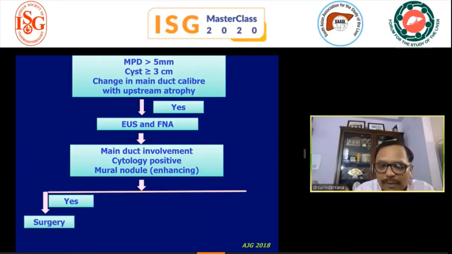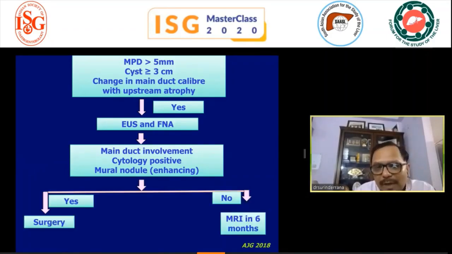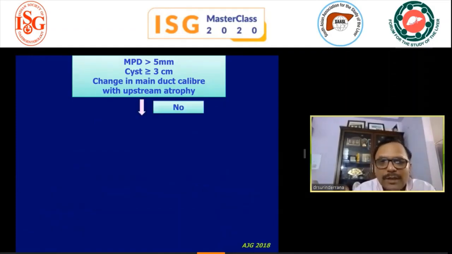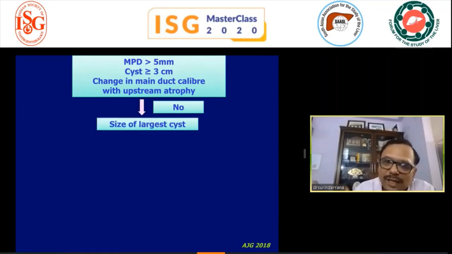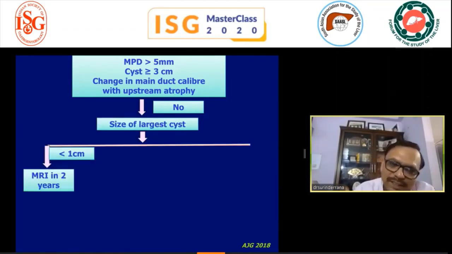And if this is not present, then you repeat an MRI after 6 months to see the change in the size of the cyst. If the cyst is not increasing in size and the patient remains asymptomatic, you can put the patient on surveillance. If, on the other hand, these features are not present, you look at the size of the largest cyst. If it is less than 1 centimeter, you can just relax for 2 years, repeat an MR after 2 years to see for any increase, the criteria which I have mentioned earlier.